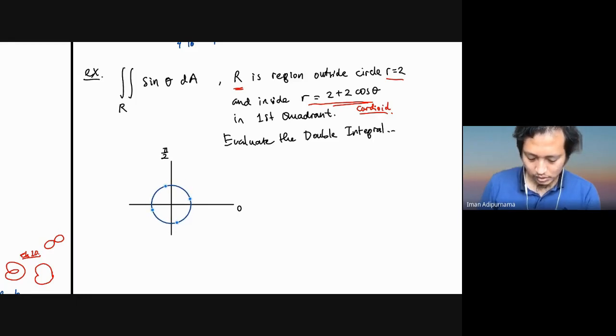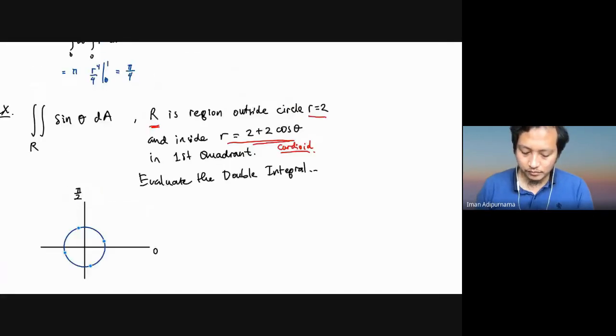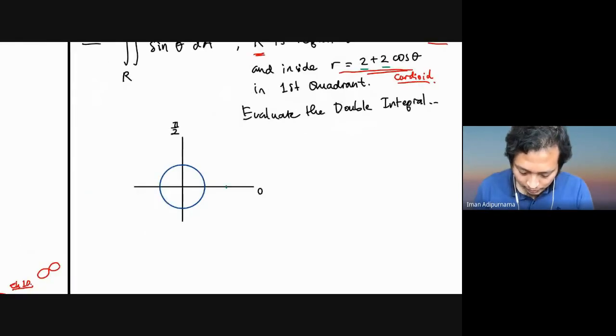Let's say this is our circle. And then to draw the cardioid, we look at 2 and 2, so the maximum, the longest length it has, is 4, right? So probably 4 is here.